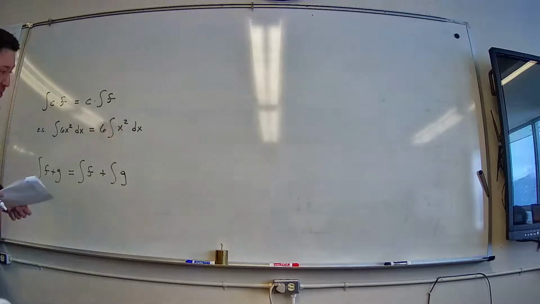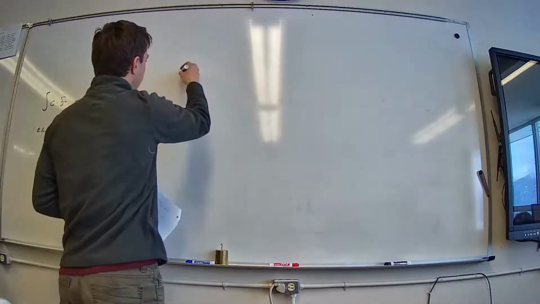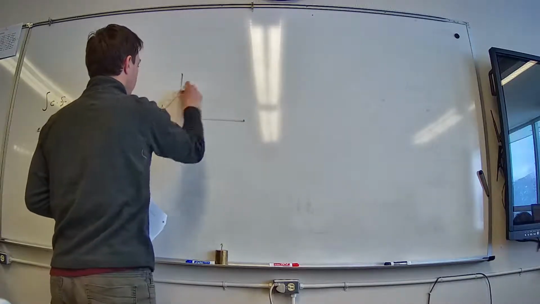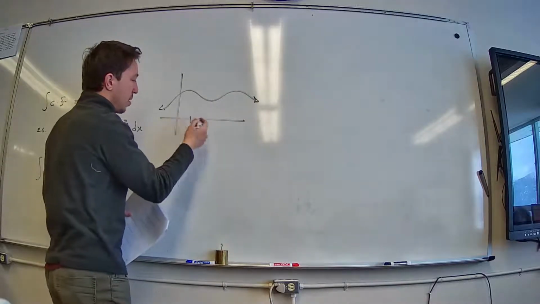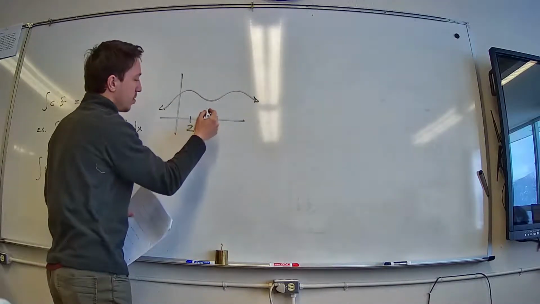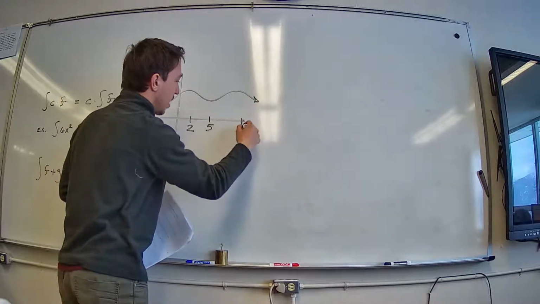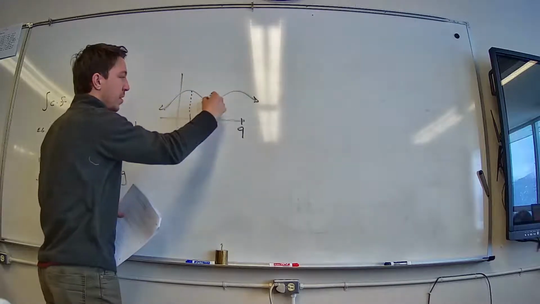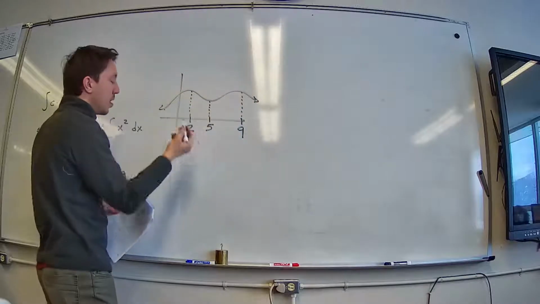And then the other thing that we touched on one day: if you've got a function, I'll just use numbers to keep it simple. Say here's 2, here's 5, and here's 9. And you've got a function f.